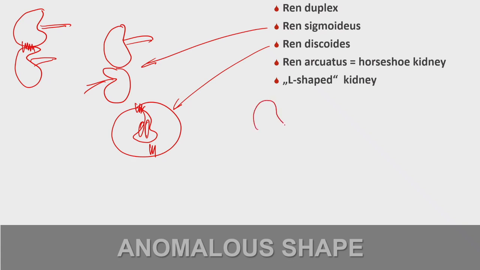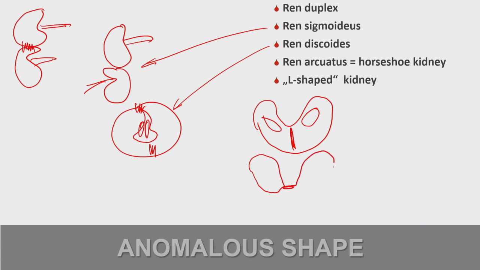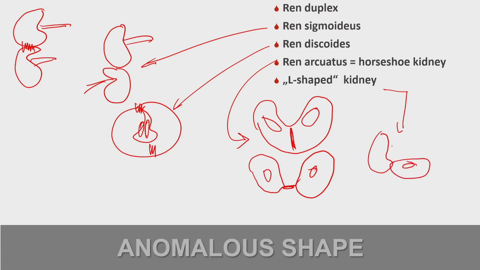Horseshoe kidney is a kidney which has two hilar structures and the lower pole is fused. Sometimes it could be only a fibrous band, and also it's a horseshoe kidney, ren arcuatus. And the last one is the L-shaped kidney. L-shaped kidney is like this.